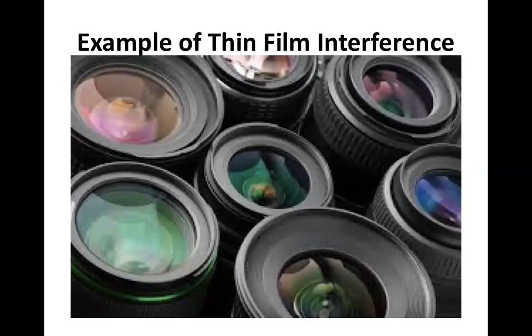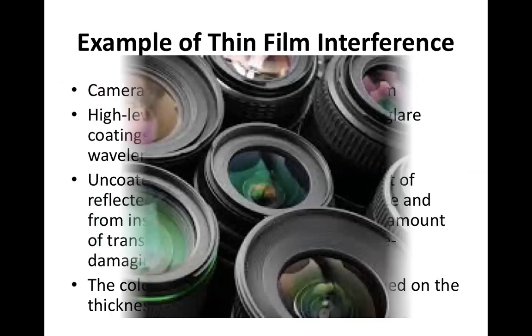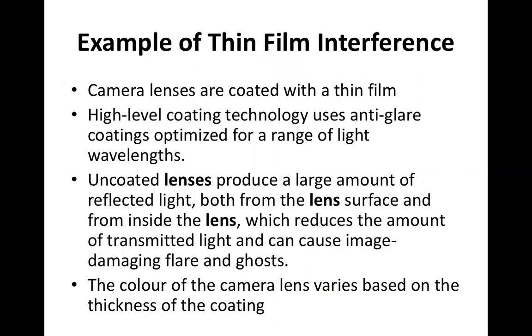Okay, so a classic example of thin film interference, a very expensive example. If anybody's into photography, you would know that camera lenses are very expensive, and among one of the reasons, there's different quality films. There's anti-glare coatings. So camera lenses are coated with a thin film.